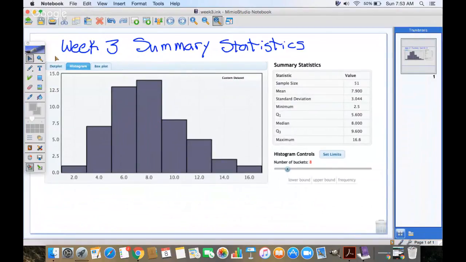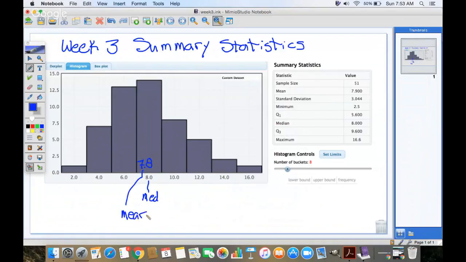So here I just copied that in so I can draw on it. And these numbers represent roughly the center of each group here. And so we have a median of 8. And the mean is just a little bit lower, 7.9. So that one there's the mean.